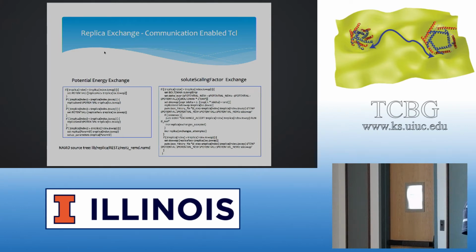This is how the potential energy exchange for REST2 is performed within an MD. Look at here. This is a communication-enabled TCL script. For each replica exchange, look at the replica receive and replica send. The current potential energy of one REST2 replica will be recorded and sent to its neighboring replica.